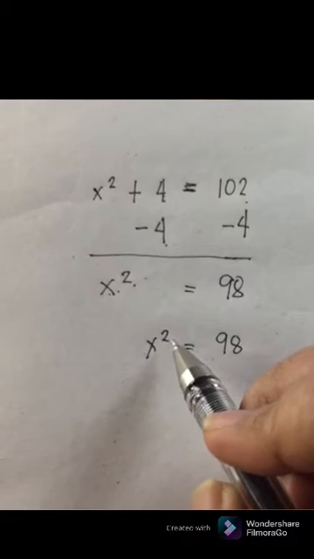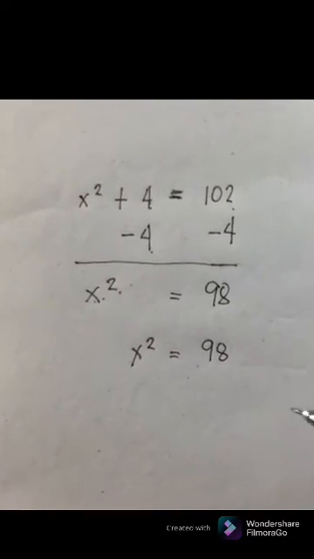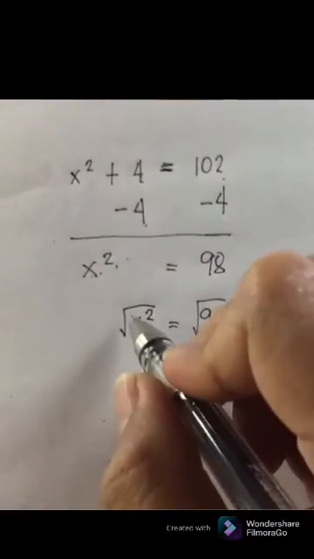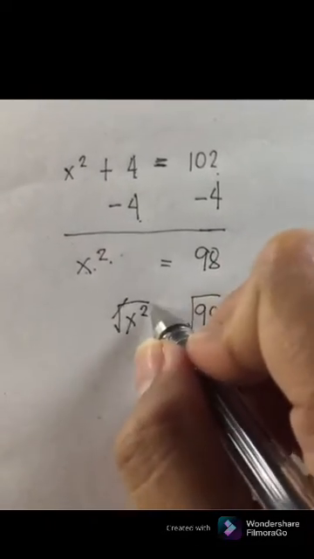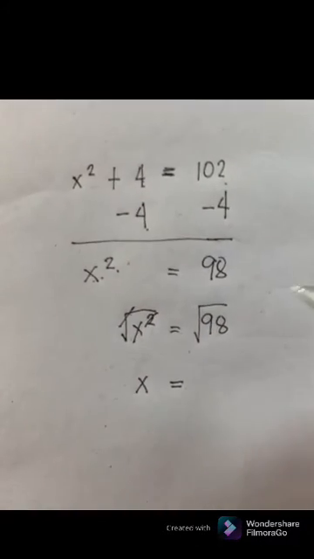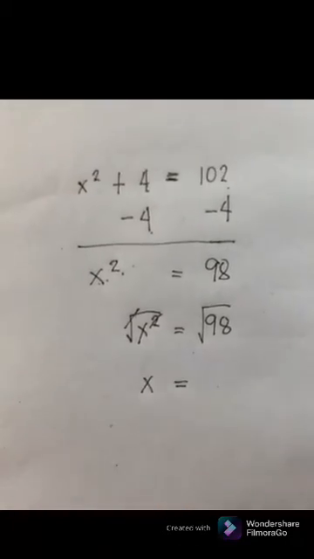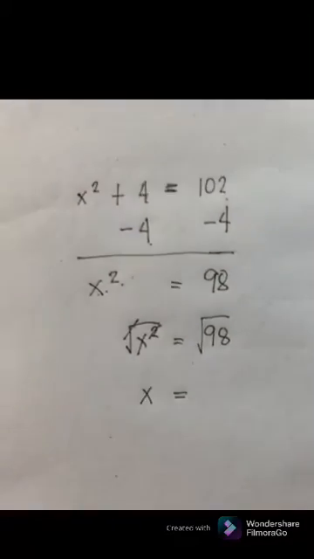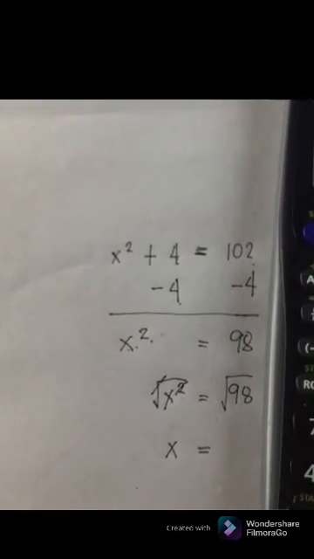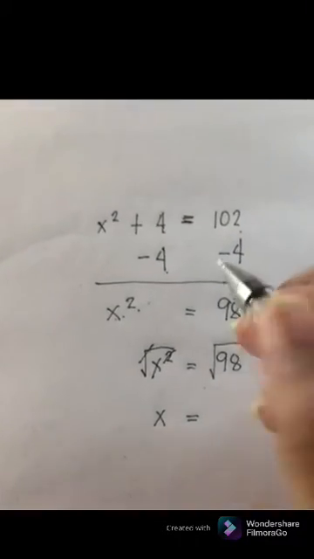So since we have the squared, we're going to use extracting square roots, using the square root, and then the square root of x squared will be cancelled. So remain yung x, and then the square root of 98, when you use the scientific calculator, it will definitely give you square root of 98 equals 7 square root of 2.